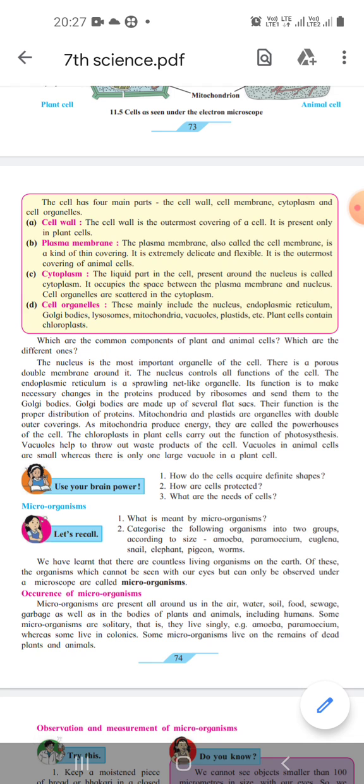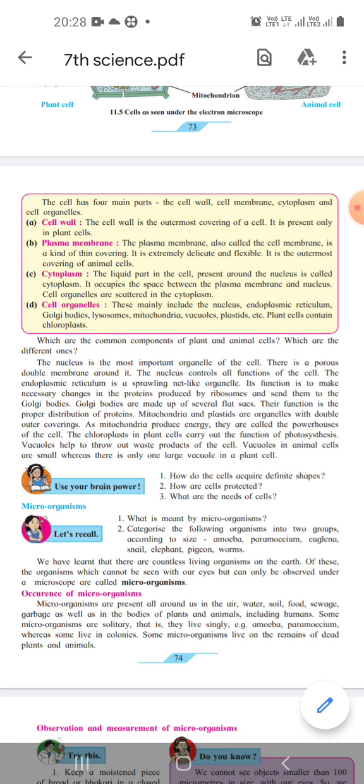Already we had discussed cells under the microscope. The various parts seen in animal cell and plant cell are cell wall, cell membrane, lysosomes, Golgi body, nucleus, endoplasmic reticulum, vacuoles, cytoplasm, and chloroplast.